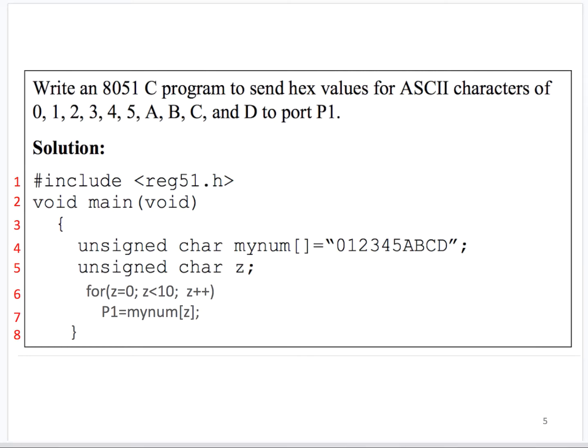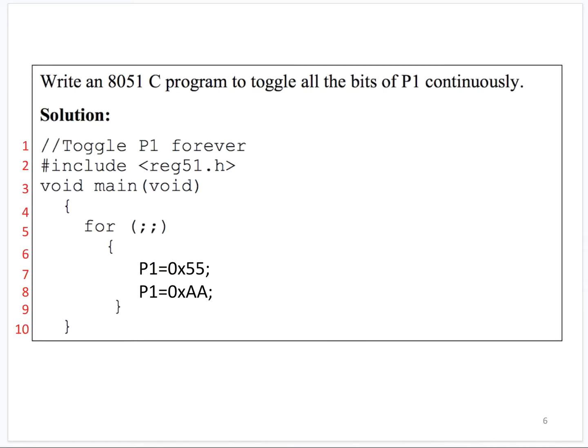Write an 8051 C program to toggle all the bits of P1 continuously. In the solution, you will see 2 slash signs followed by "toggle P1 forever." This is called a comment line.